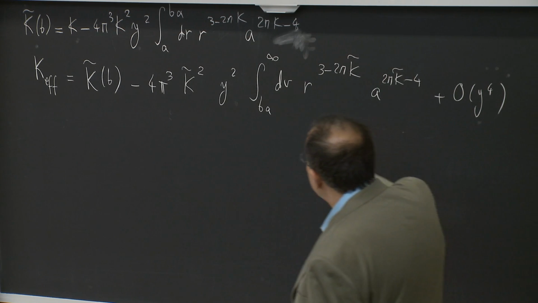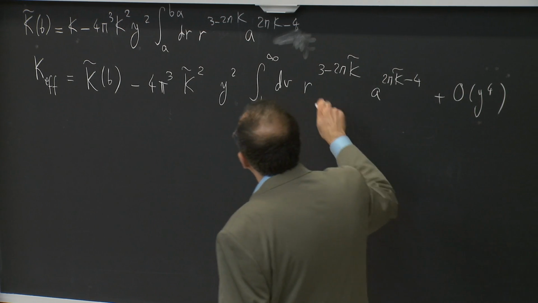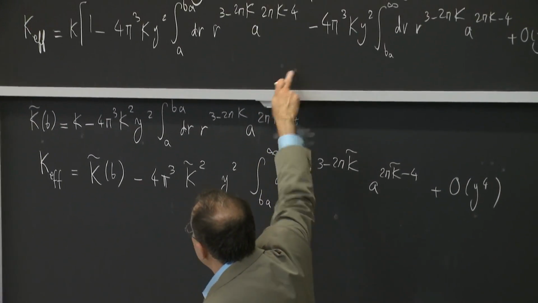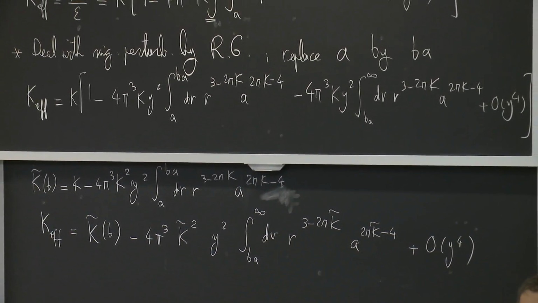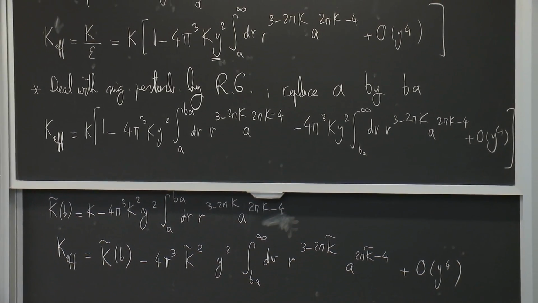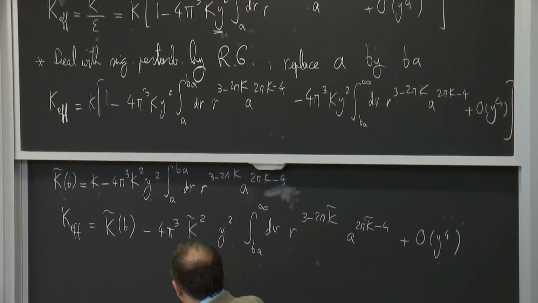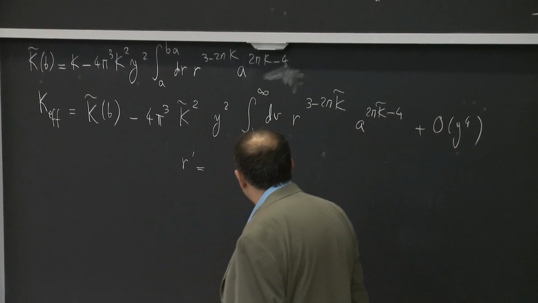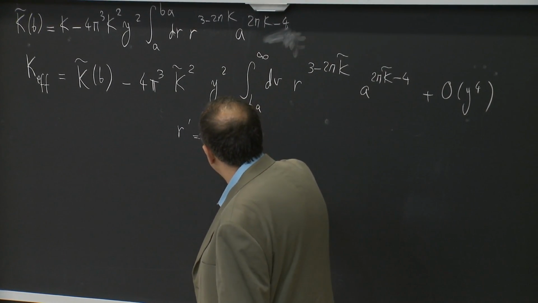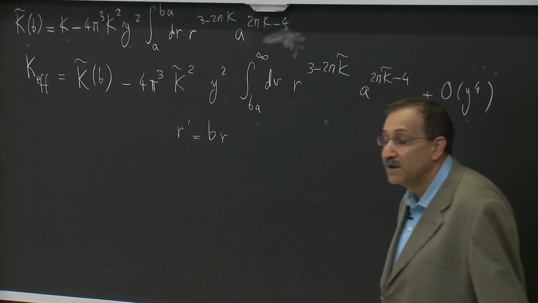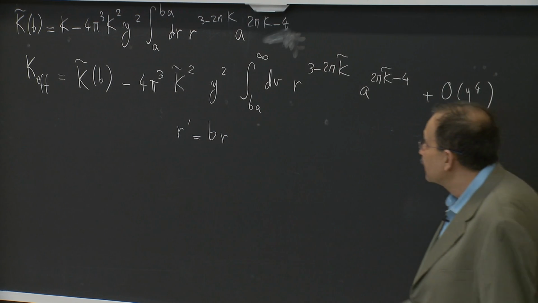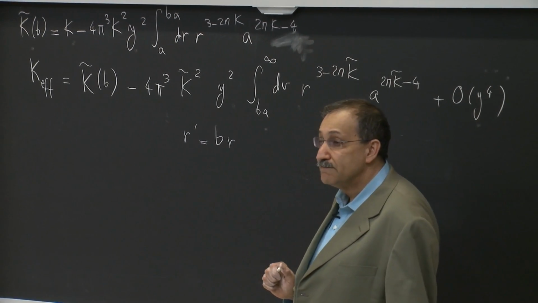Now I compare this expression and the original expression that I had, and I see that they are pretty much the same expression, except that in this one, the cutoff is ba. So I do step 2 of RG. I define my r prime to be r/b so that my new cutoff will be back to a.